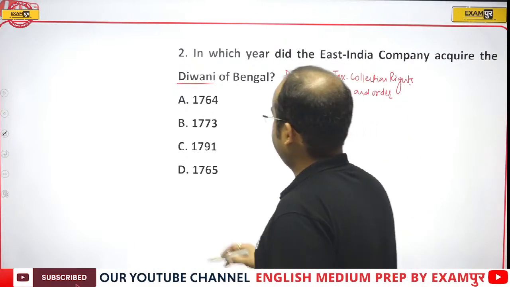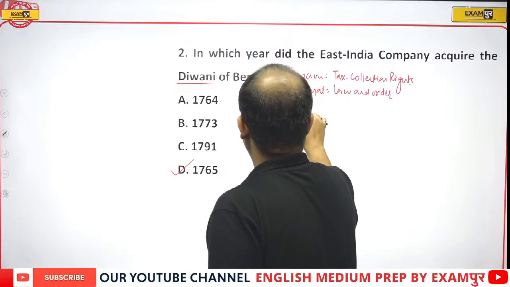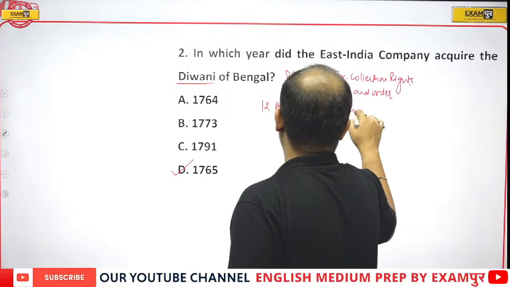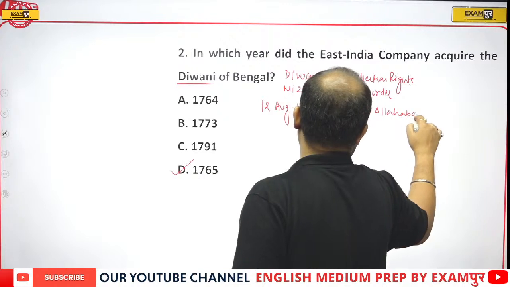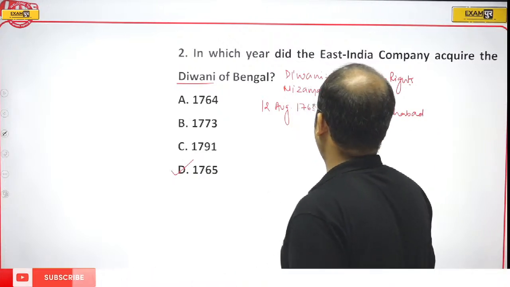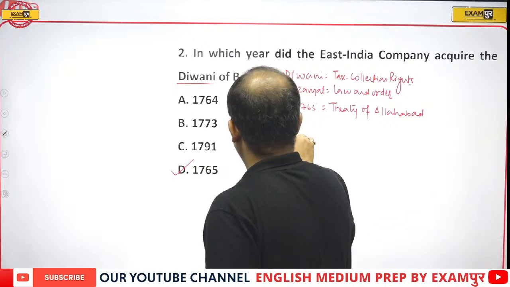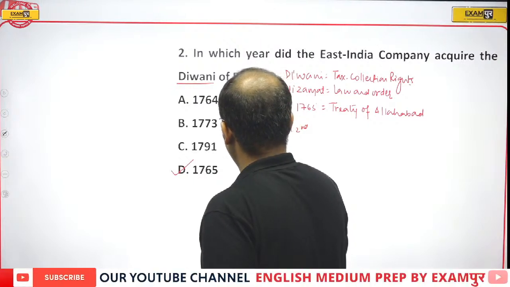And that happened in the year 1765, 12th August. That is the Treaty of Allahabad, which was signed between Shah Alam II, who was a Mughal king, and Robert Clive.